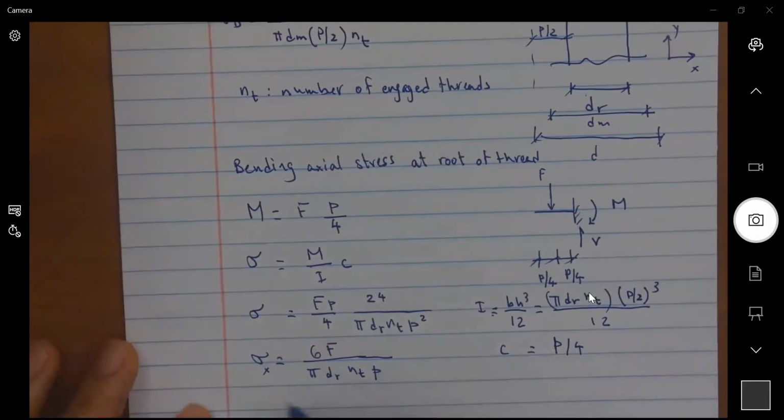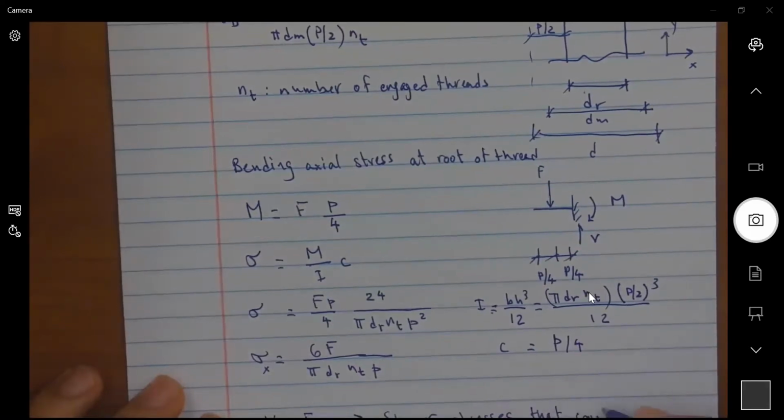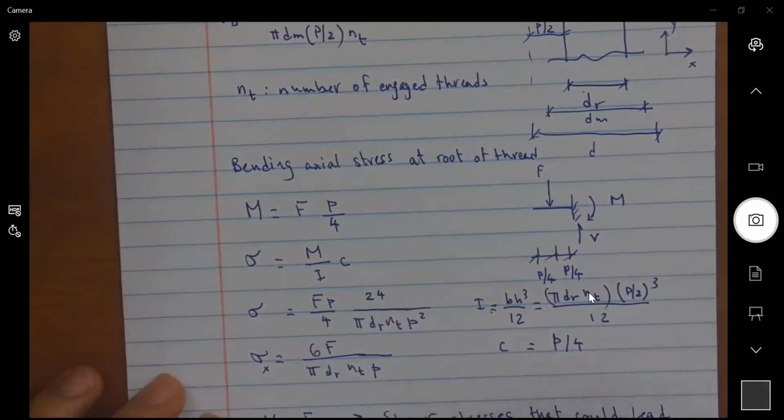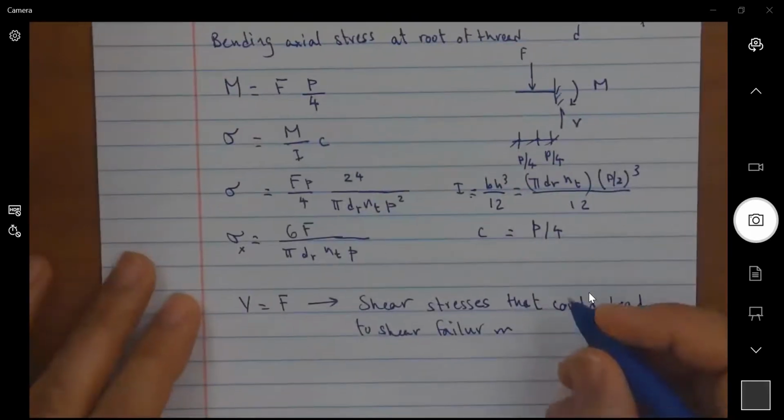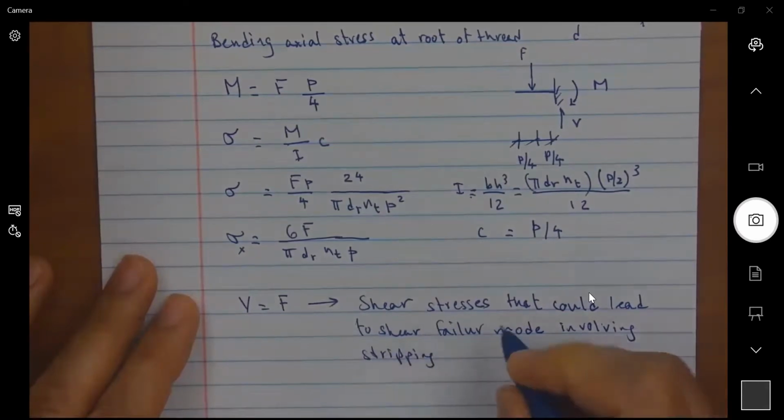This shear force, V equal to F, is going to lead to shear stresses that could lead to a shear failure mode involving the stripping of the threads.